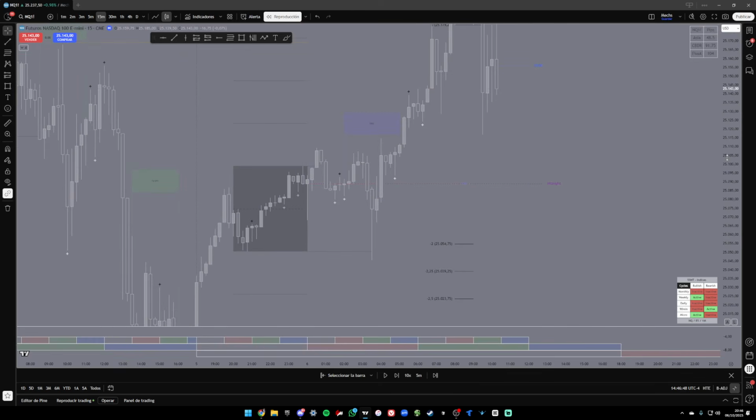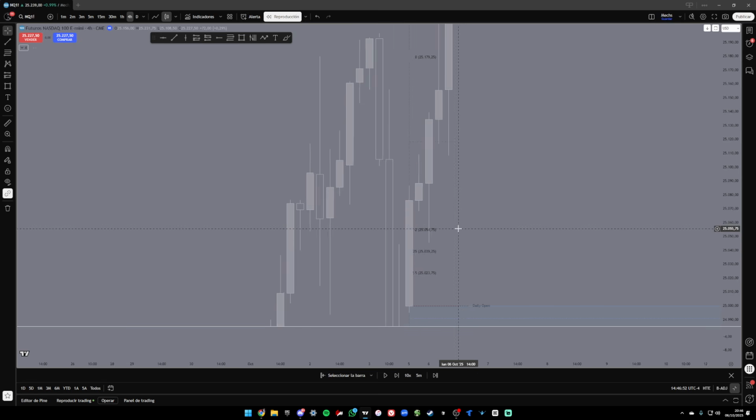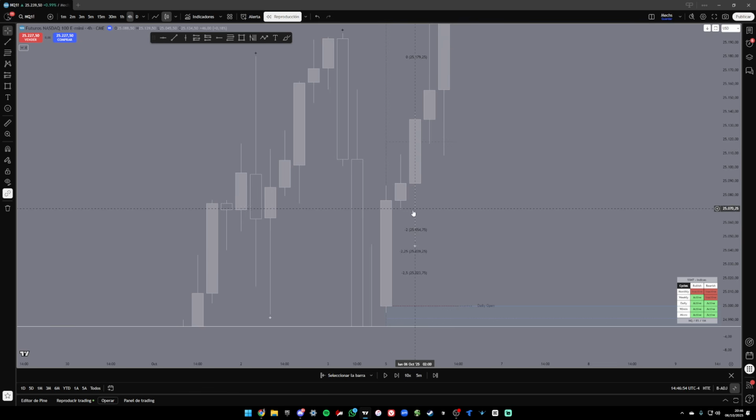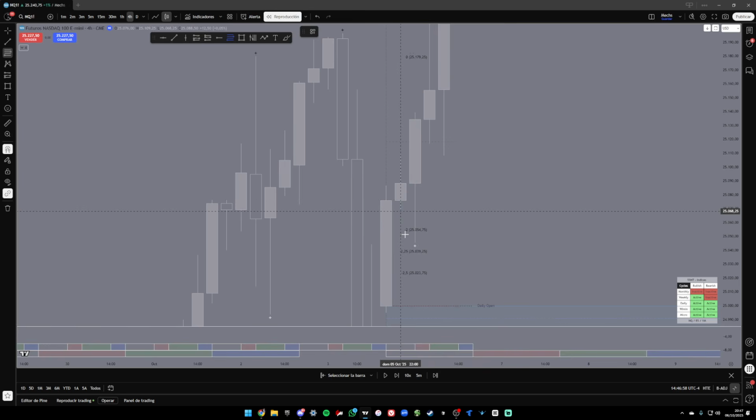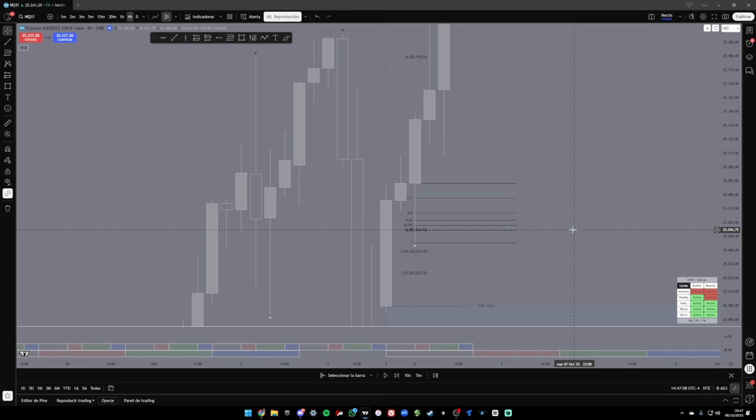That's why I had this level, and if you go to the 4 hour and mark this, it is a 4 hour PSP and a 4 hour rejection block, so it's better. If we mark the OTE like this, the equilibrium aligns perfectly with the 0.79.